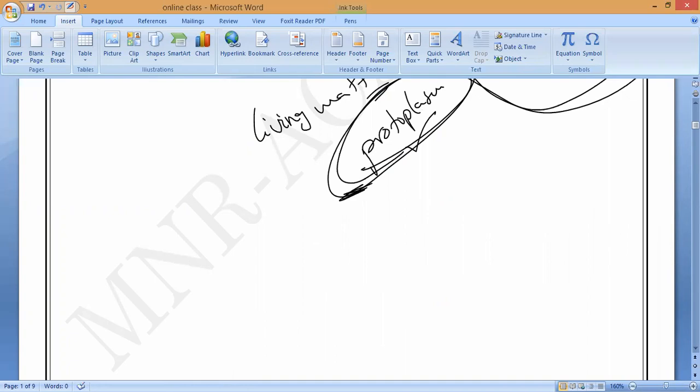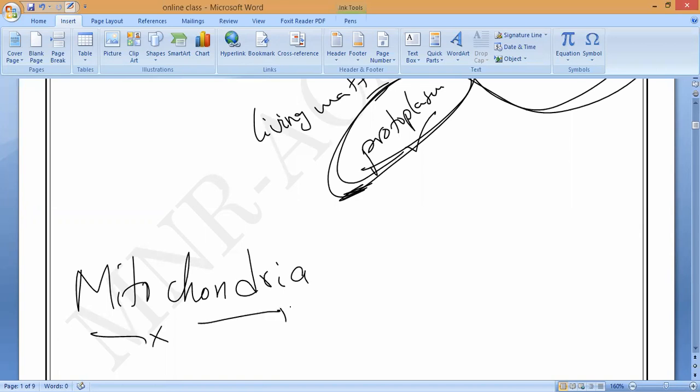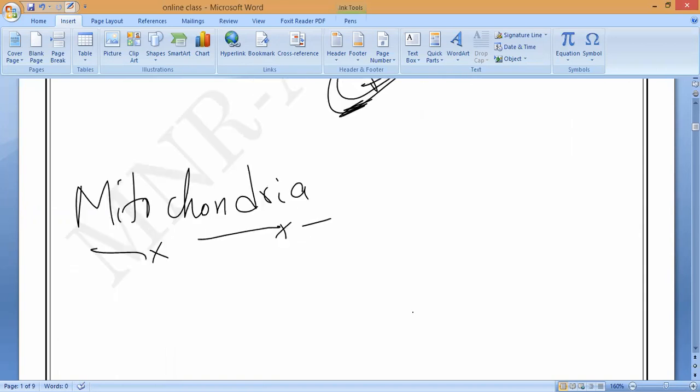Later we studied the next main organelle of the cell, which we call the source of energy, the powerhouse. What is that called? Mitochondria.